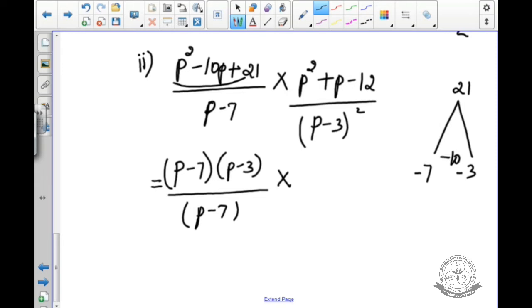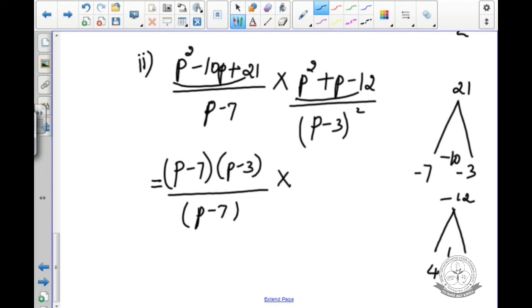Into, here also we can do the factorization. Here also the same concept. In front of p square, we don't have any number, right? So we should consider it as 1. How can we factorize this term? The multiplication term is minus 12 and the addition term is 1, right?